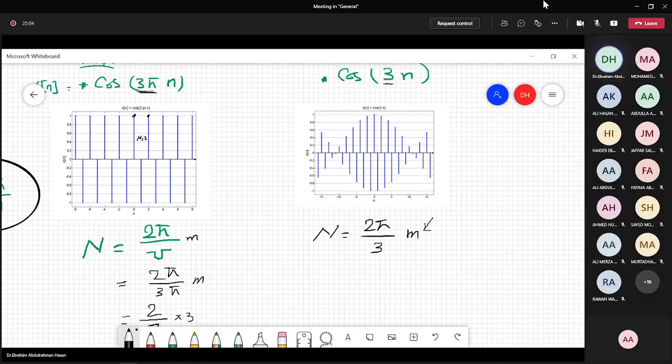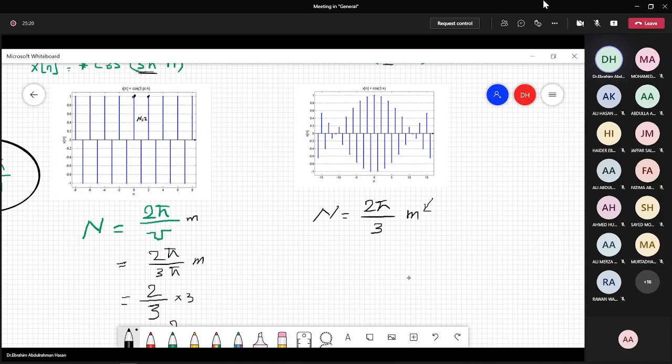So we cannot find the smallest m to multiply by 2 pi over 3 to make capital N an integer, to make the period an integer number. So this is non-periodic. واضح؟ فهذه non-periodic وهذه periodic signal.